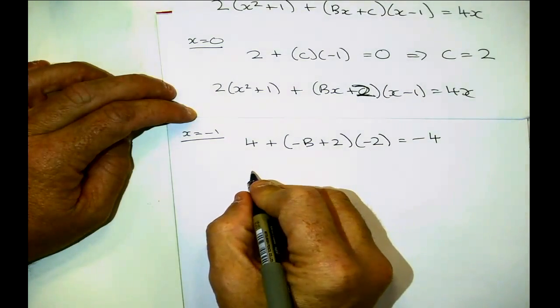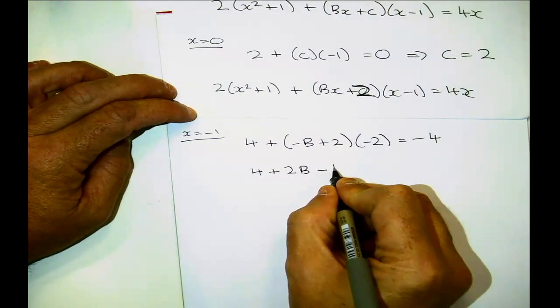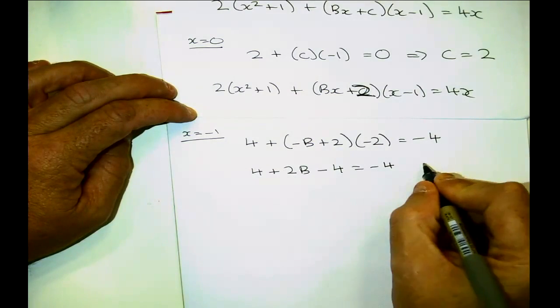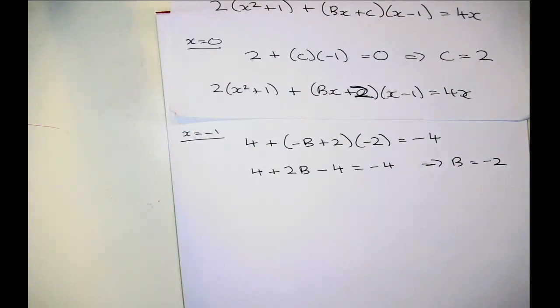So what do we get? We get B. If you're worried, pick another value. If you get a different value of B, something's up. It's got to be unique.